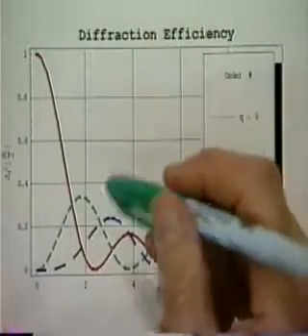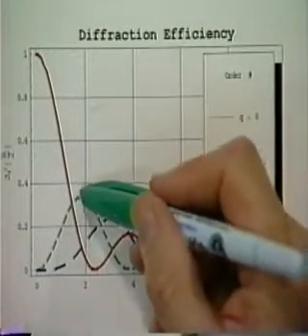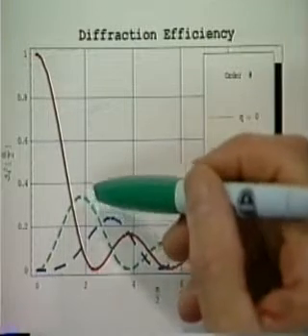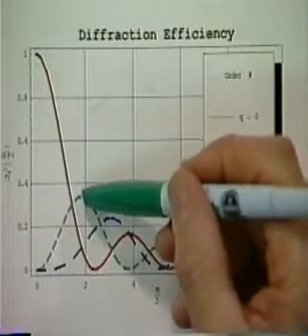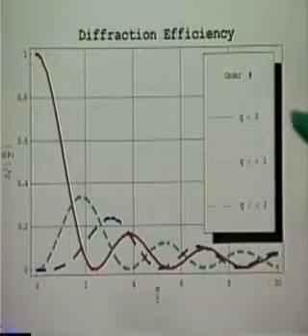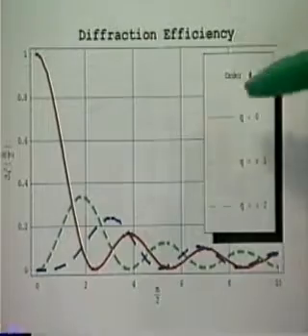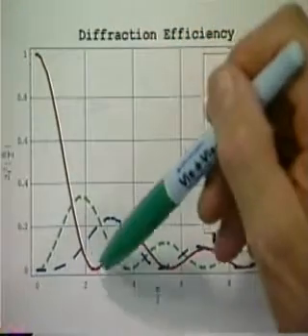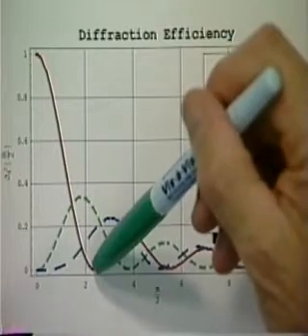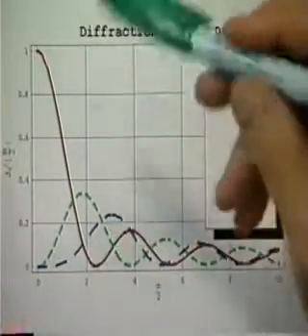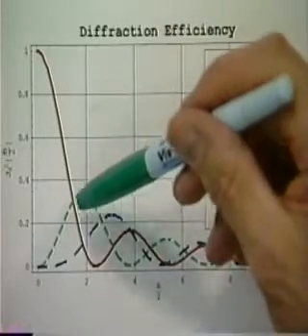The maximum value of this comes up to about 33.9 or so. We'll say 34% at an m over 2 of a little less than 2. We also see that as m over 2 increases, there's a point where the 0 order goes to 0. That's not quite the same location as where the first order is a maximum.